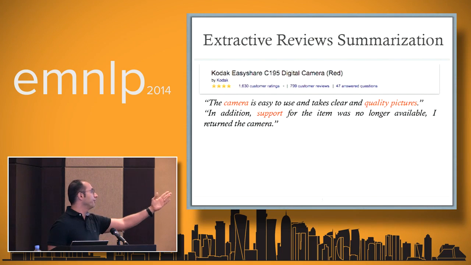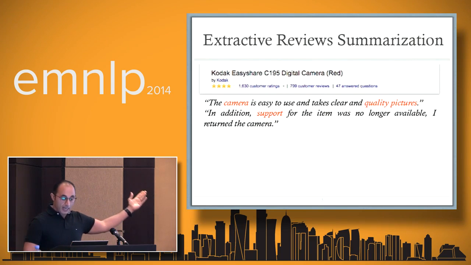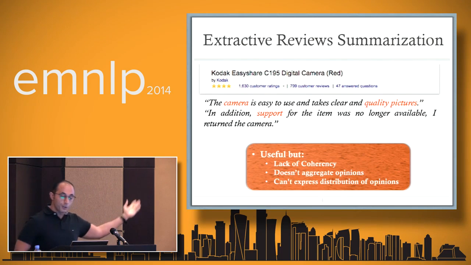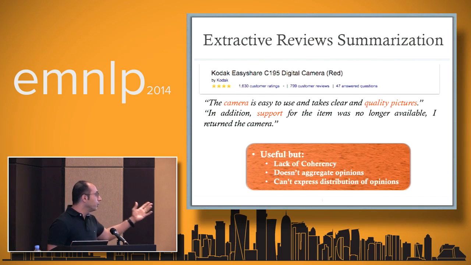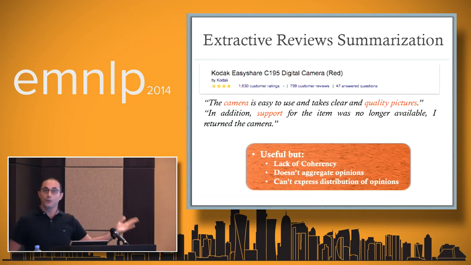In addition, support of the item was no longer available. I returned the camera." This is the extractive review Amazon produces. While it's useful, it's not coherent. At the same time, you don't see any aggregation of opinions here, and it doesn't express the distribution of opinions.